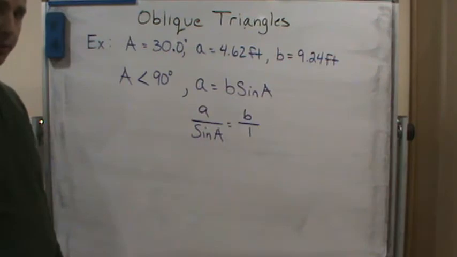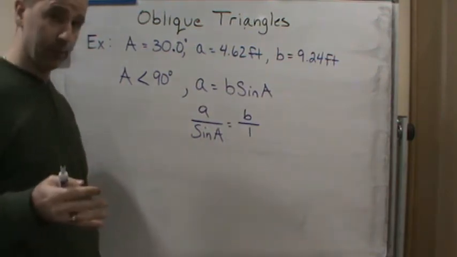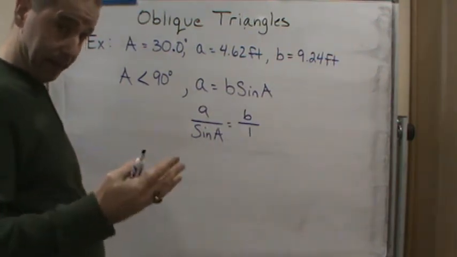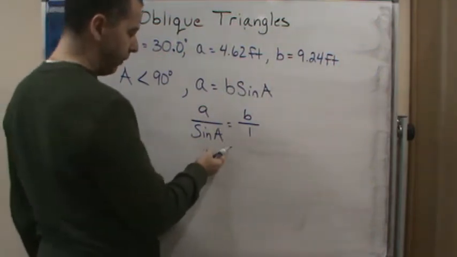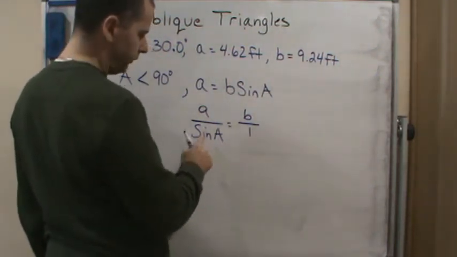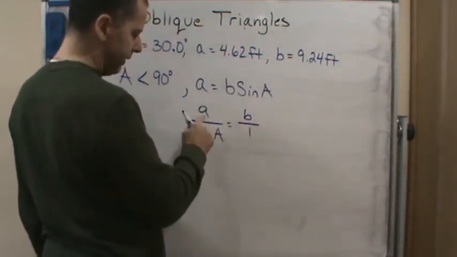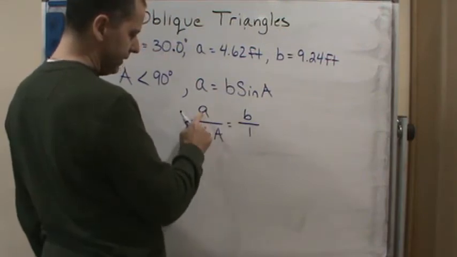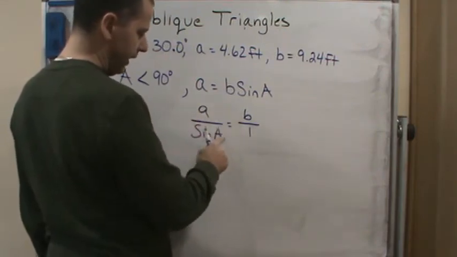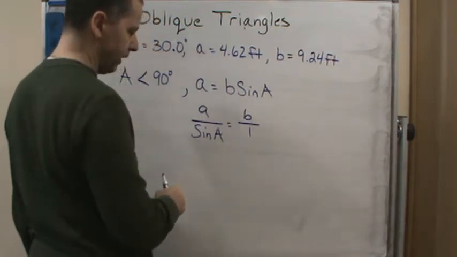So think about proportions. We've talked about proportions at length. If I have a proportion, I've got equal fractions, which means this fraction has to be equal to this fraction.